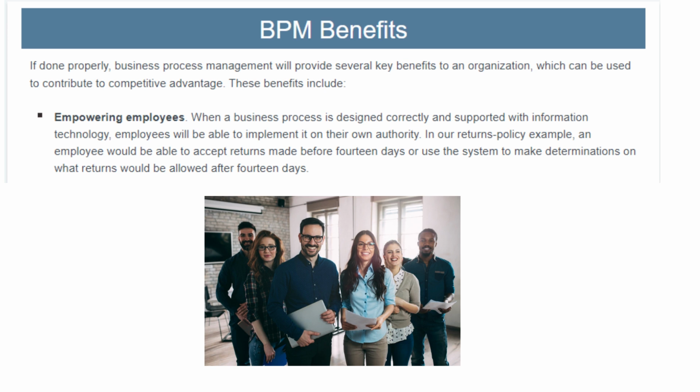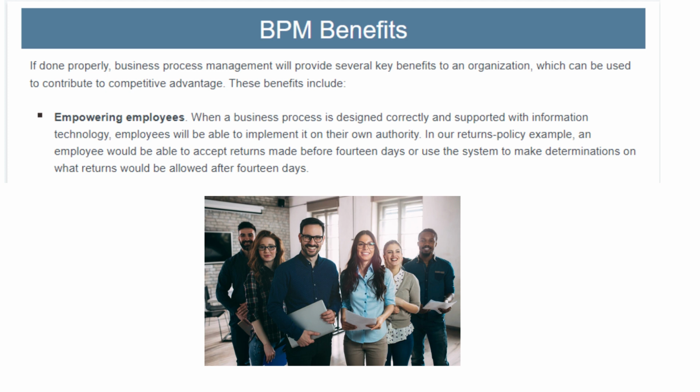If done properly, business process management will provide several key benefits to an organization, which can be used to contribute to competitive advantage. These benefits include empowering employees. When a business process is designed correctly and supported with information technology, employees will be able to implement it on their own.